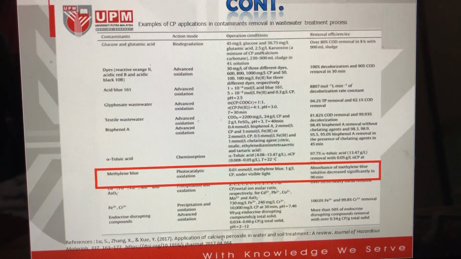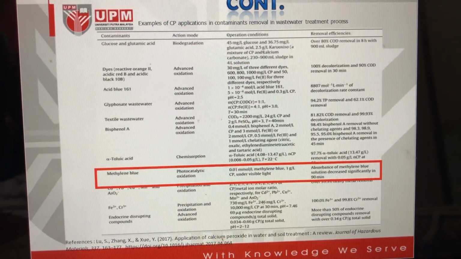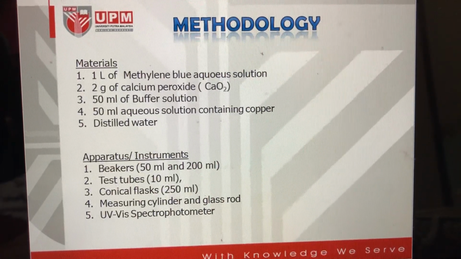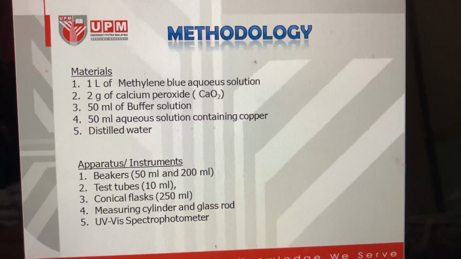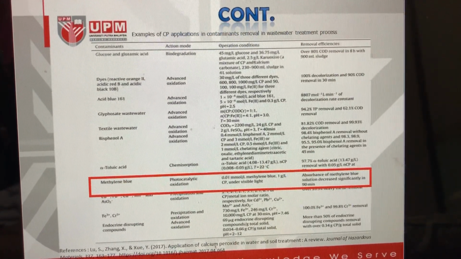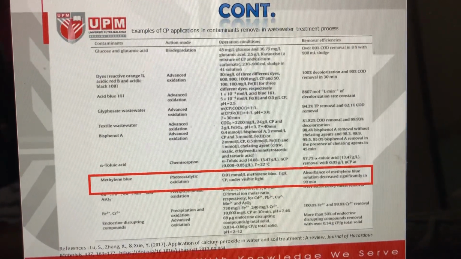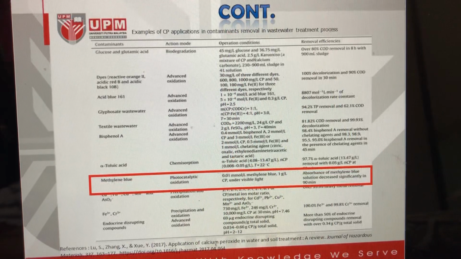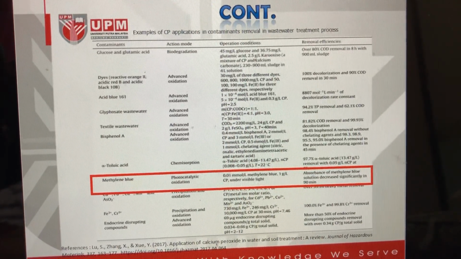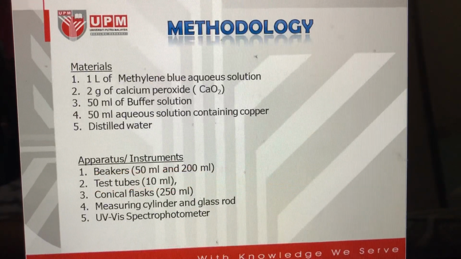For methylene blue, in the red box, the action mode is photocatalytic degradation. The operation conditions are 0.01 millimole per liter and 1 gram per liter CP under visible light. As for removal efficiency, the absorbance of the methylene blue solution decreased significantly in 90 minutes.